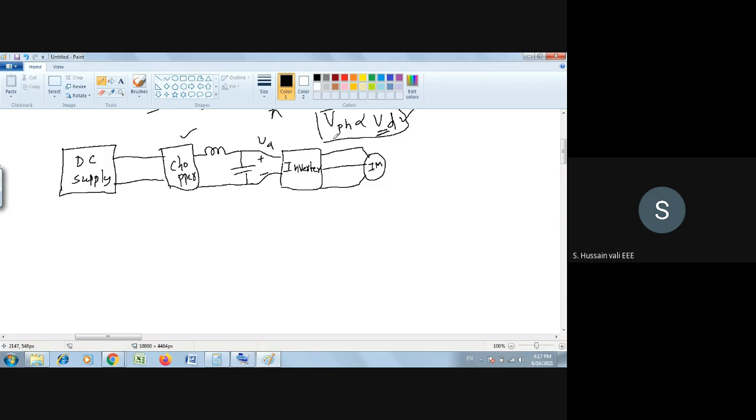Say for example, you don't have a chopper. In other words, you have the inverter here, using an induction motor, and assume that you have a three-phase supply.